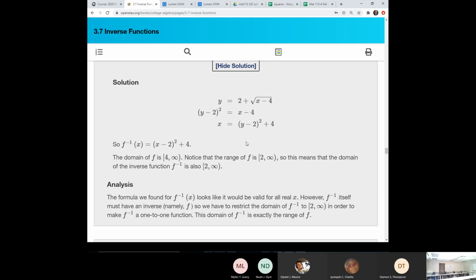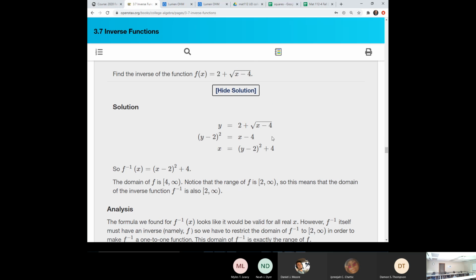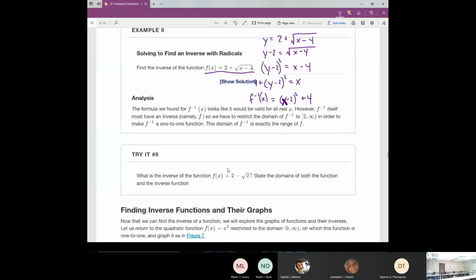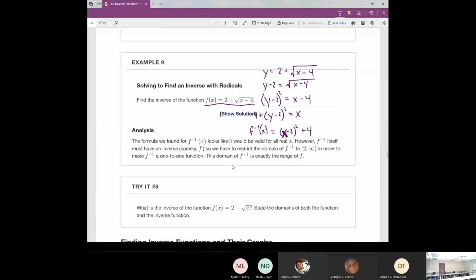Now let's go a little step further here and prove that that indeed is the correct answer, that this is the inverse of x. And let's go back there and prove that by feeding this into this.